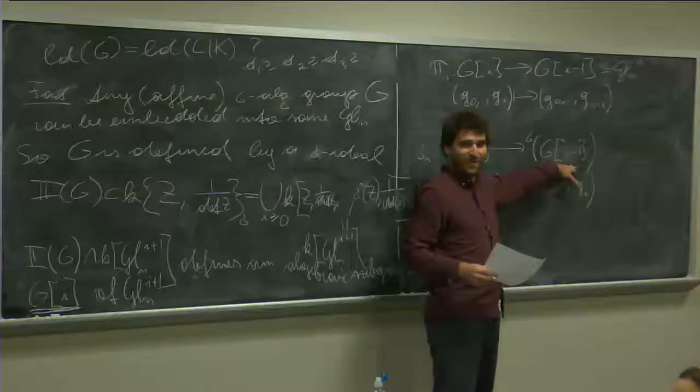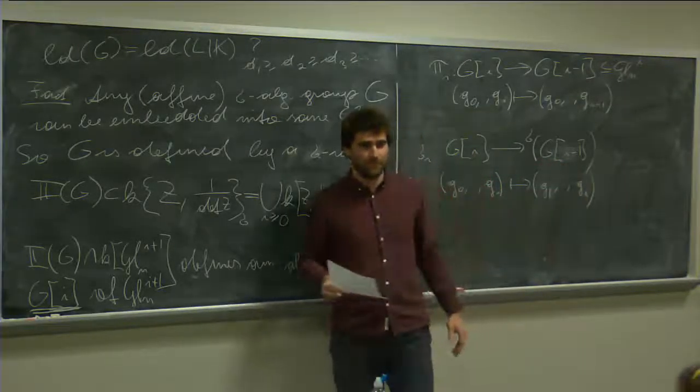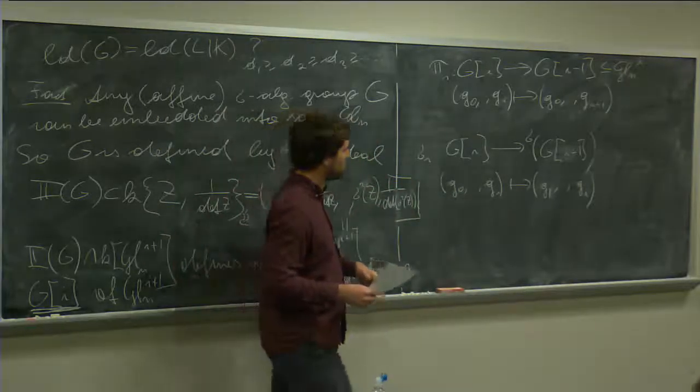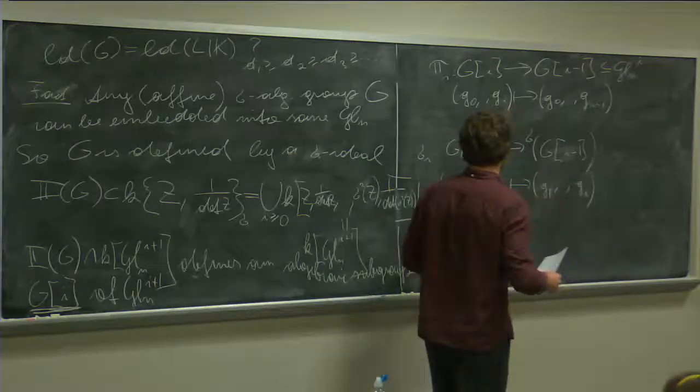By the way, for people who were here last week when I was talking, this is exactly the same construction. So maybe let's take a minute to think why this is well defined.